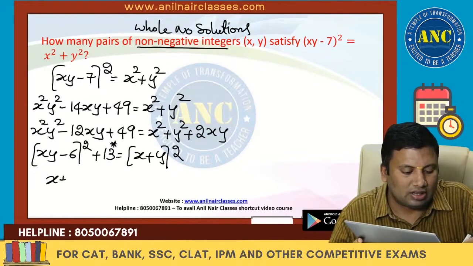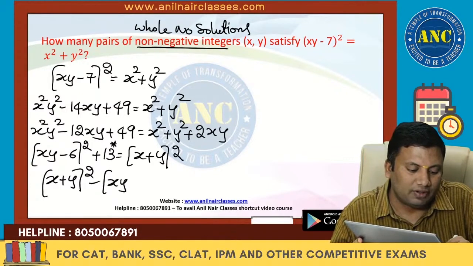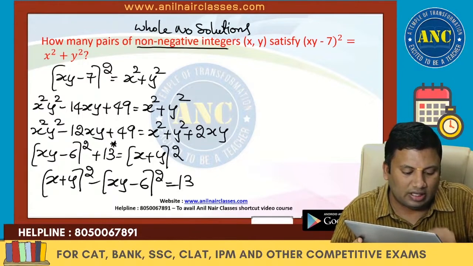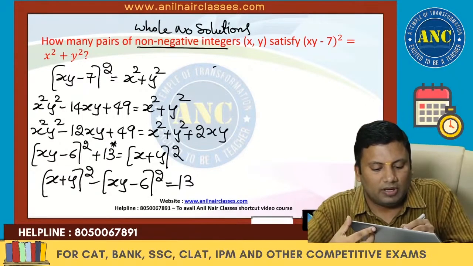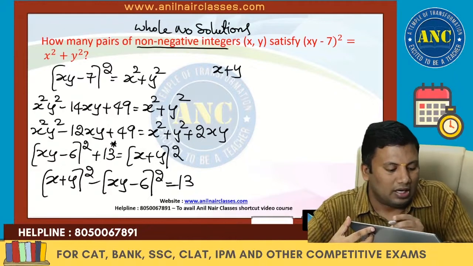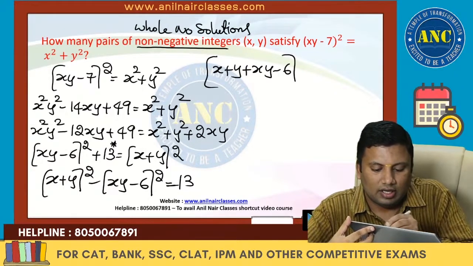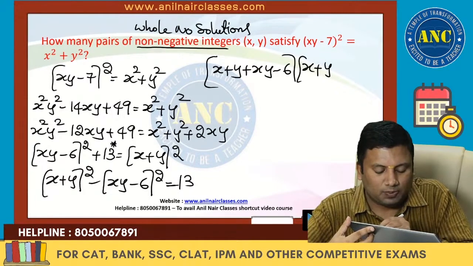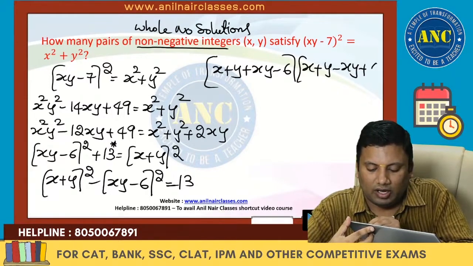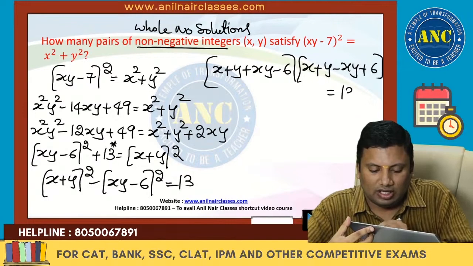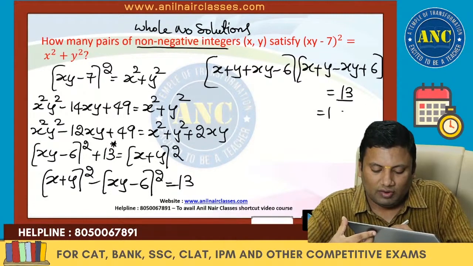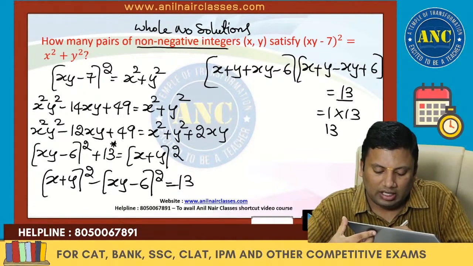So this is (x plus y) whole square minus (xy minus 6) whole square, which is nothing but 13. a square minus b square: (a plus b) is x plus y plus xy minus 6, and (a minus b) is x plus y minus xy plus 6, which is nothing but 13, which is 1 into 13 or 13 into 1.